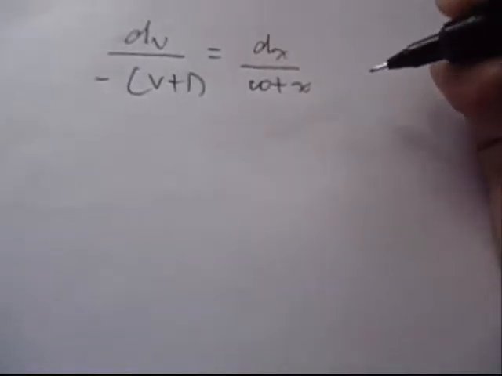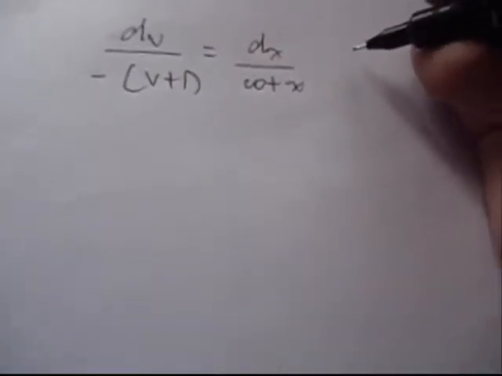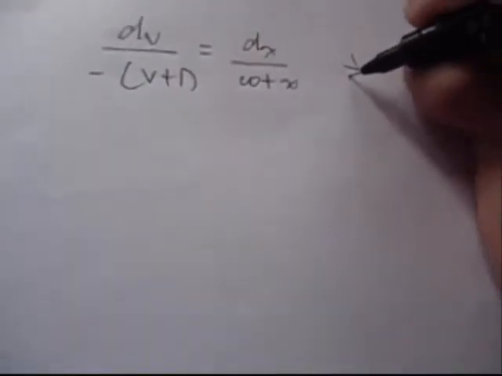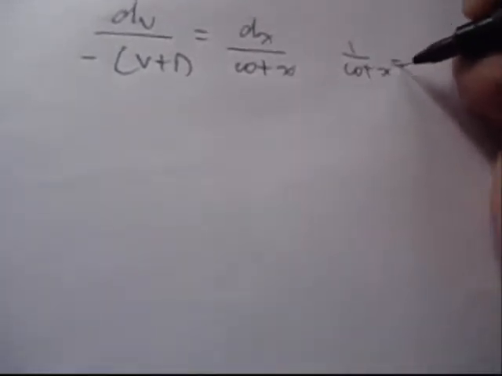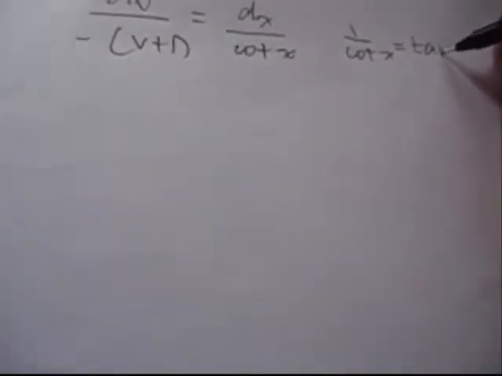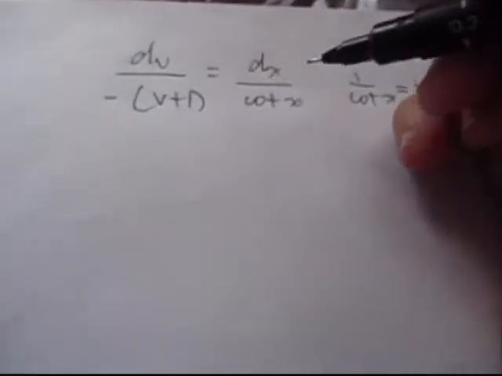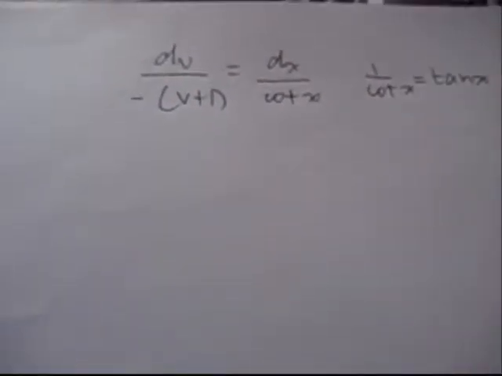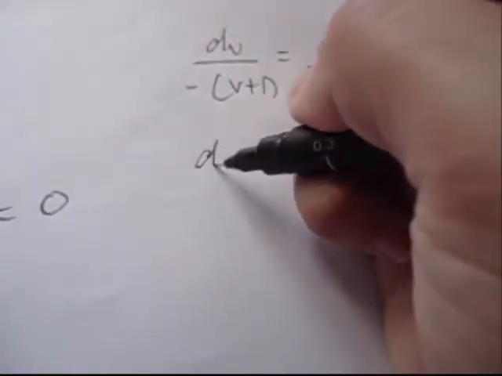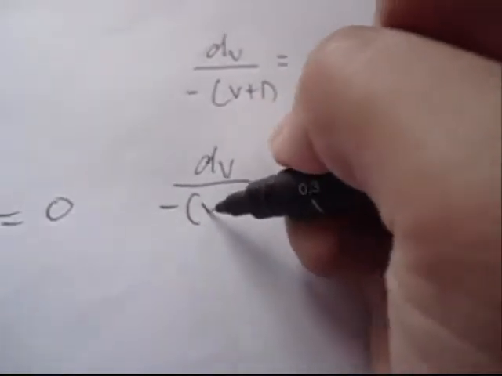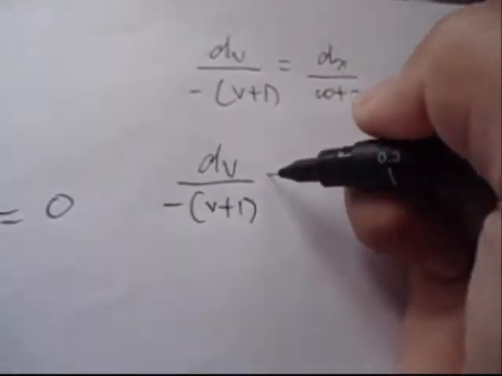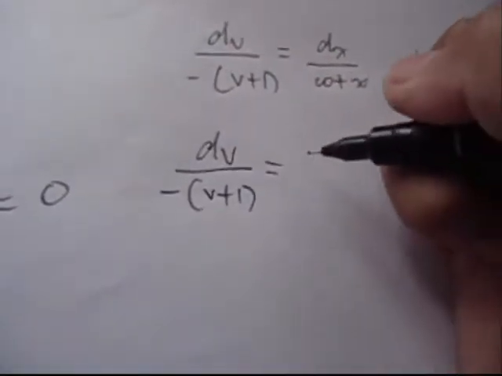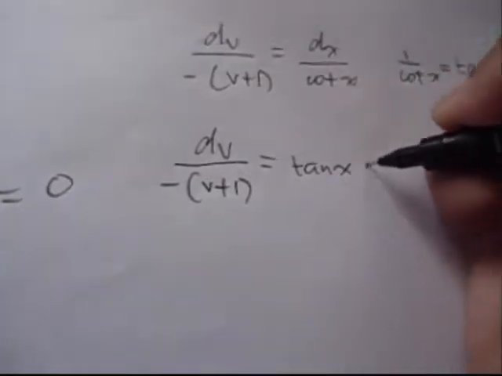And recall that we have our identity 1 over cotangent x is equal to tangent x. So we can just rewrite the right side of the equation as tangent x dx. So we have now dv over negative v plus 1 is equal to tangent x dx.